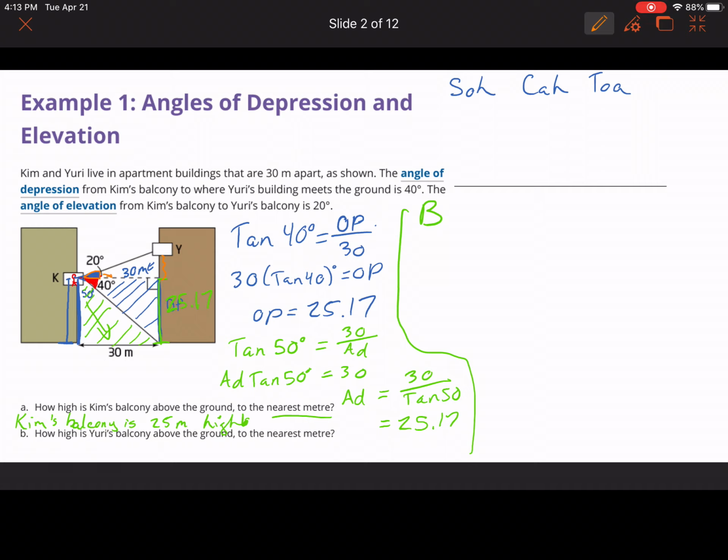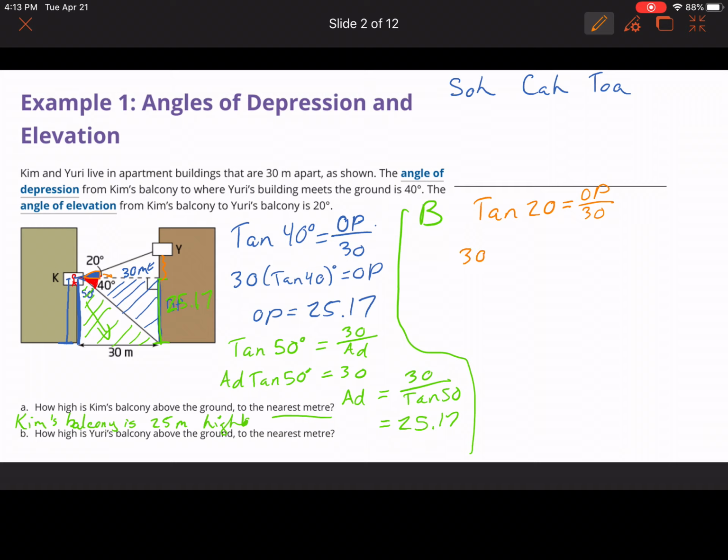I need to again find the opposite side. So tan of 20 degrees. I'm going to use tan again because again I'm using both opposite and adjacent. Tan of 20 degrees, my adjacent is 30, and my opposite is what I'm trying to find.